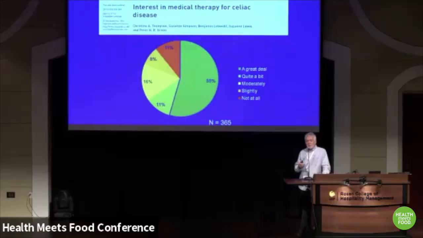If you have cancer or inflammatory bowel disease, you can get pills, chemotherapy, biological agents, and feel totally normal. But people with celiac disease are thinking about this all the time. And in this study, at least 75% of people were very or mainly interested in there being a medication.